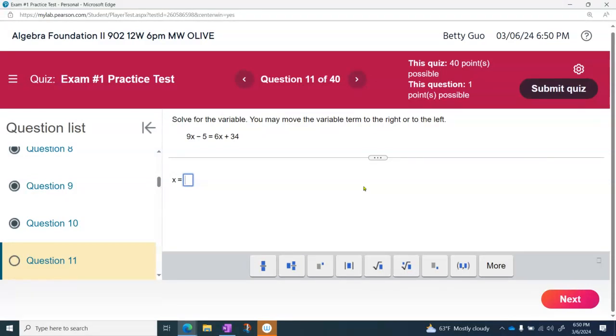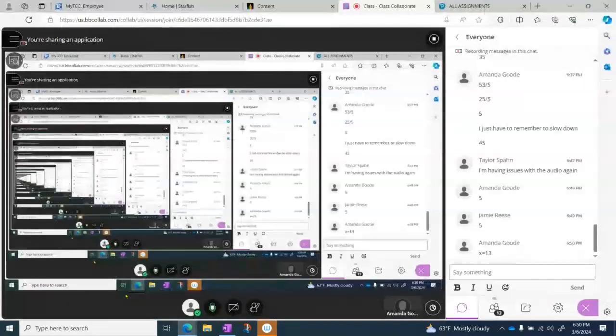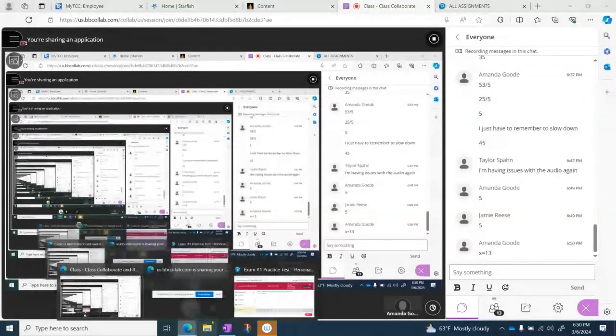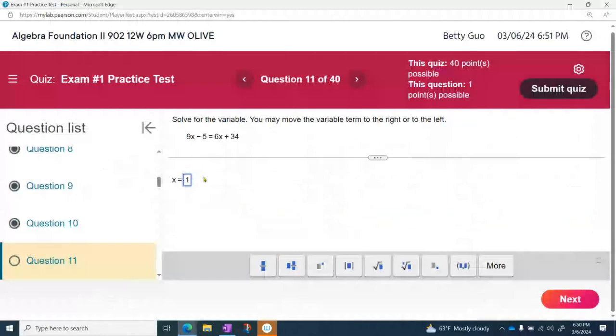On the right side, you have 34 plus 5, 39. 39 divided by 3. Okay. Take your time and let me know what you have. 13. Awesome. Perfect. Do not enter x equals 13. Just enter 13.